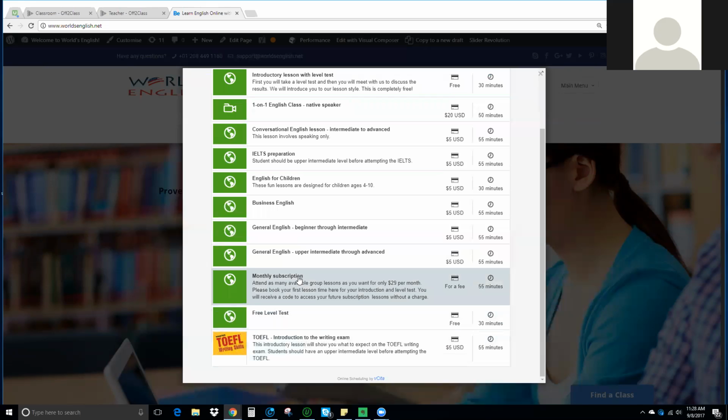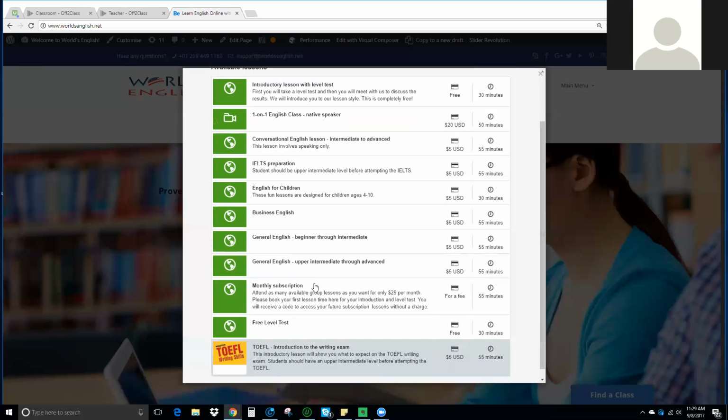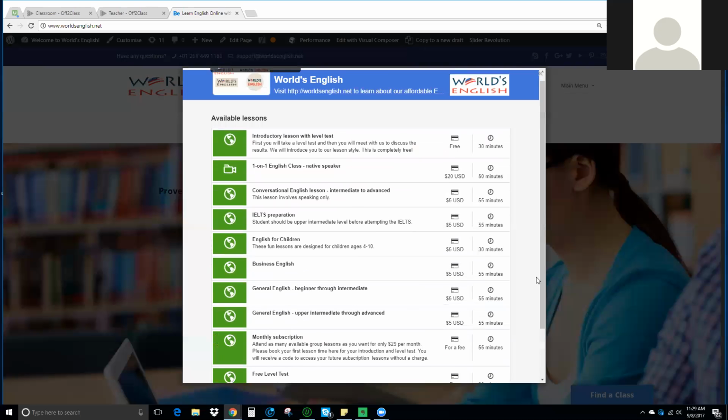If you decide to enroll in the monthly subscription, then you will receive a coupon code that will allow you to enroll in all of the lessons for free for a month. Each month you'll need to purchase your subscription again, and you'll get a new coupon code to use to enter any of the lessons you want, except of course the one-on-one.